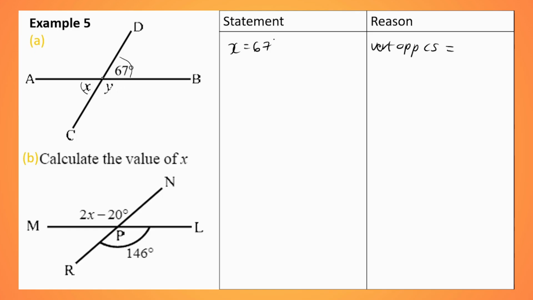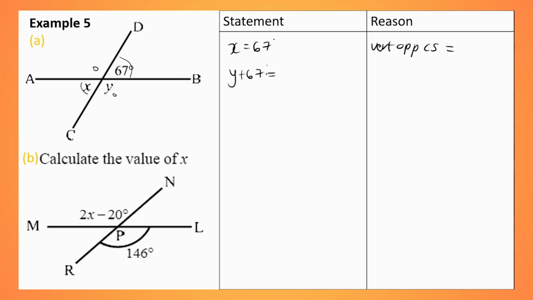Then to find y, the one that's vertically opposite to y is this one, but we don't have this size, so we are just going to use a property from the previous video, and that is angles on a straight line. So we know y plus 67, and it doesn't matter if you're seeing it as this straight line or this straight line, because we just calculated x to be 67.